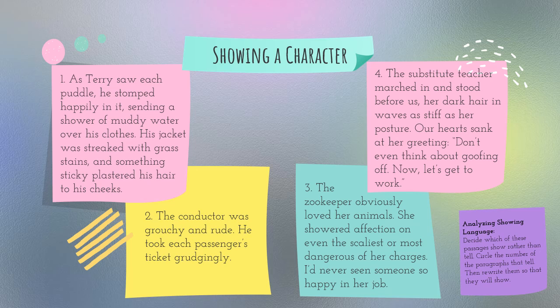All right, now how about number 2? Number 2 tells us. It doesn't really describe a whole lot. It just tells us he's grouchy, he's rude, he took the tickets grudgingly. I mean, it's not bad. It certainly does give a good description, uses good, vivid words, but it's telling us rather than showing.